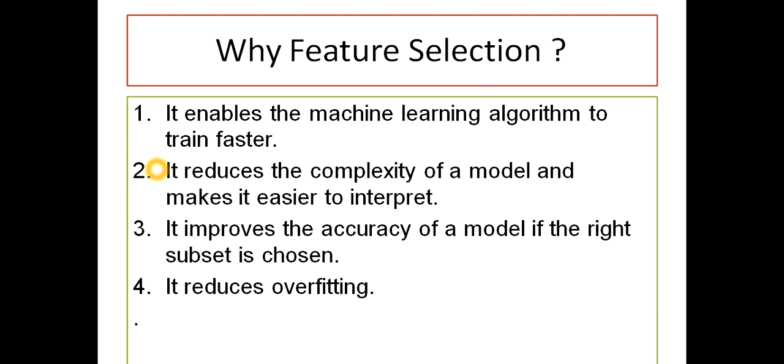As I have already told you, if you feed less to your ML algorithm, then the accuracy and efficiency of that algorithm will be better, because if you feed redundant data, you cannot expect good accuracy out of it. So the third reason is that it improves the accuracy of a model if the right subset is chosen.